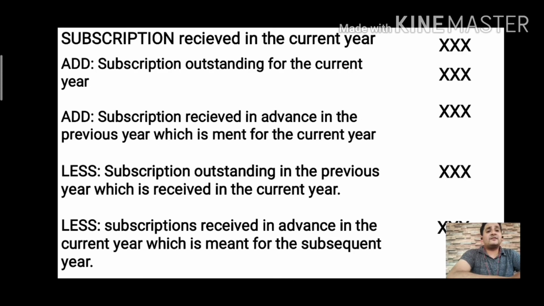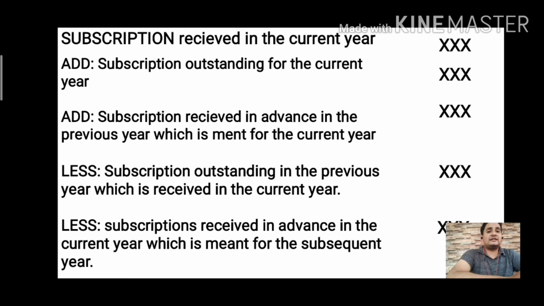Subscription outstanding for the current year. Outstanding current year means 2019. If any subscription is not received in 2019, that amount will be added to the subscription received in the current year.